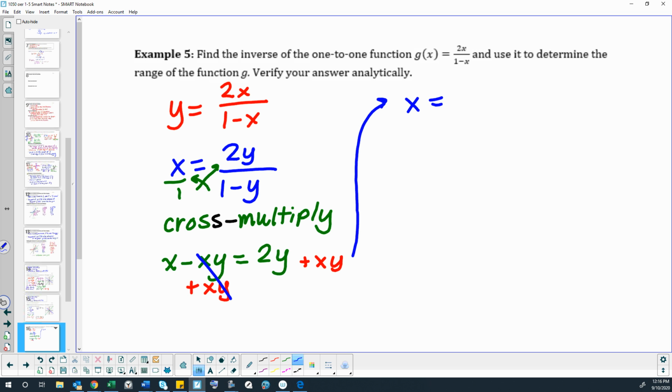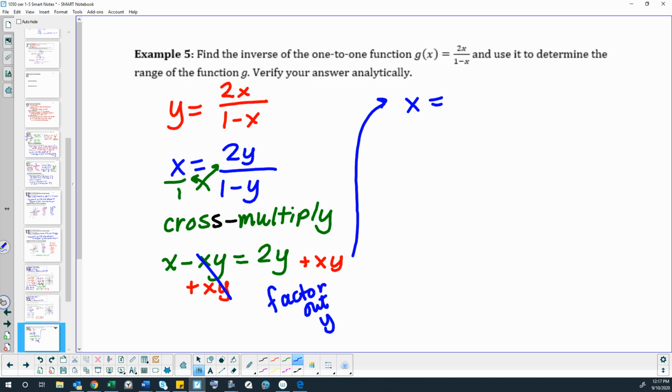I'm trying to consolidate all of the y values into one y so that I can solve for y. So what can I do to this side of the problem so that I have y more by itself? Do you see how we can just factor that y out now?